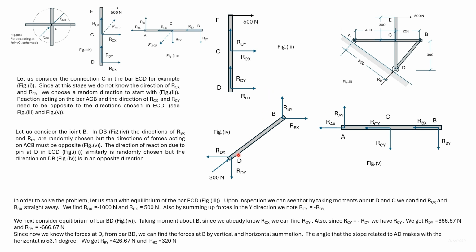We now look at the equilibrium of the bar Bt. If we consider moment about the point P, then we have already found out RTX, and we can find out the value of RTy. So here we are given RTy, and as such also RCy.